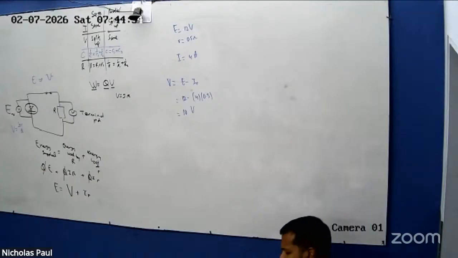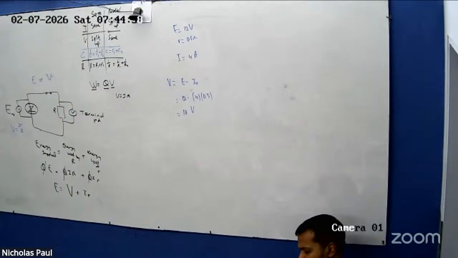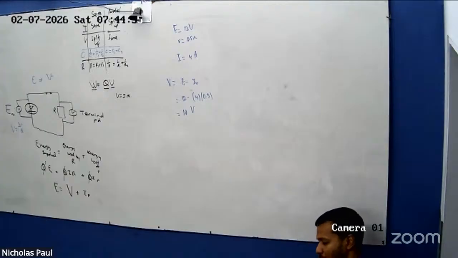The terminal PD across a battery is 10 volts when delivering a current of 2 amperes.